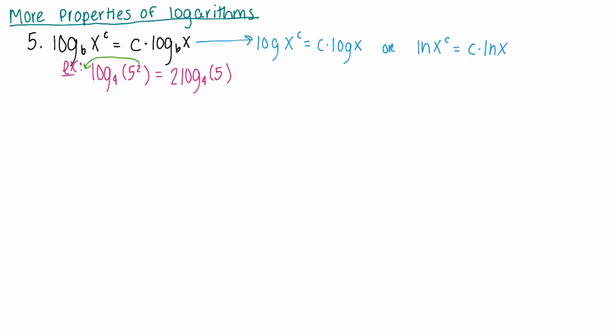The other thing to mention is it's really important that this exponent is within the logarithm. So note, the exponent must be within the logarithm in order to bring it down.